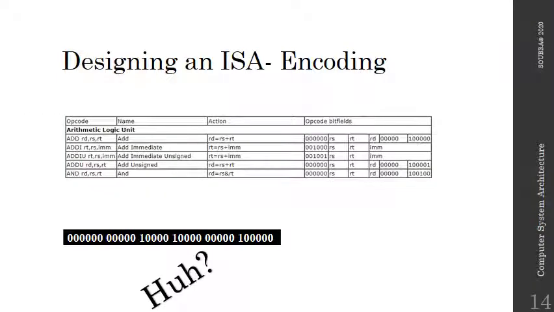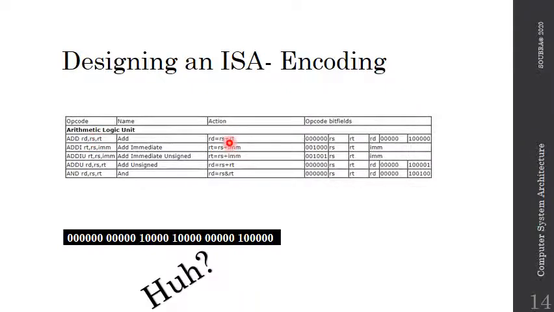Here we're talking about the form of the instructions and the encoding of it. Let's check this out. Imagine that I'm using the regular add here. I need to specify the destination register, the source register, and the second source register.